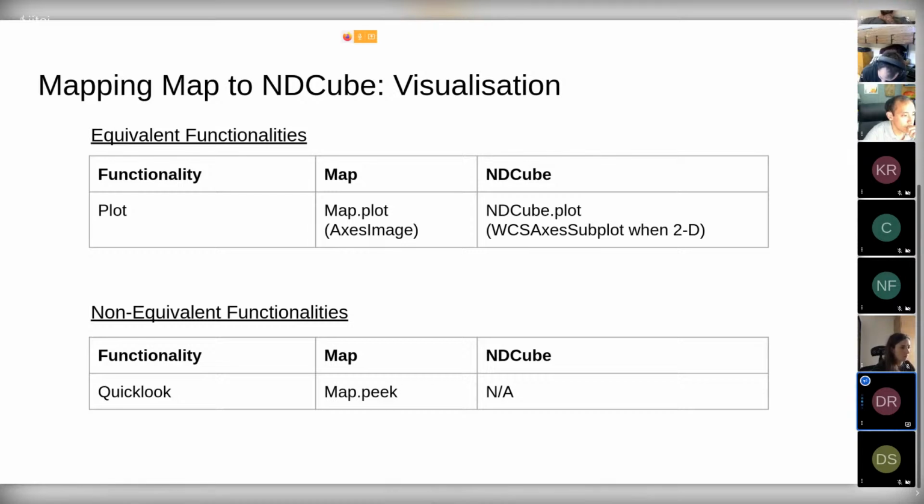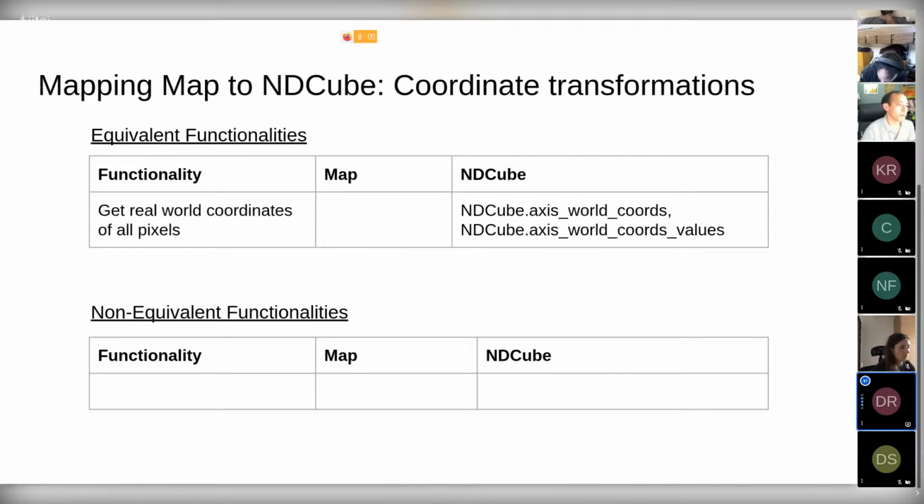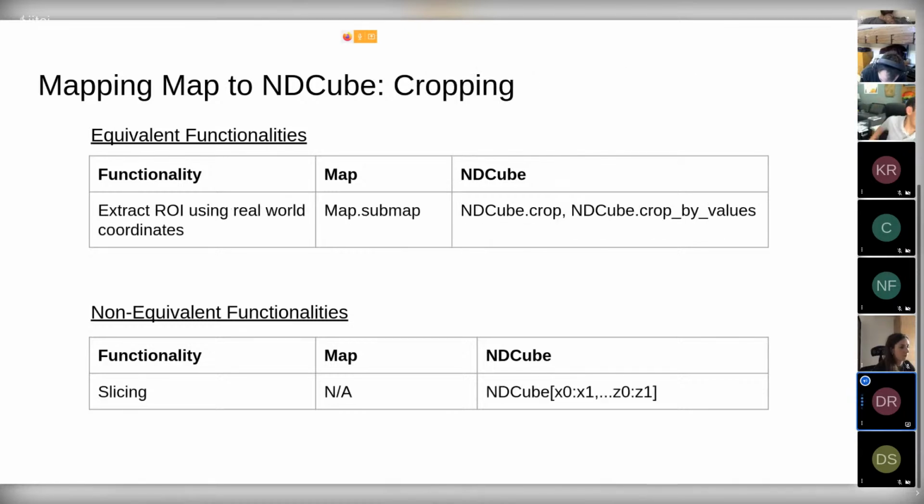More activity, that's great. Okay, and then penultimately, I think, cropping. If we want to extract, as we've kind of mentioned before, a region of interest based on real-world coordinates, we can use map.submap with almost exactly the same API.